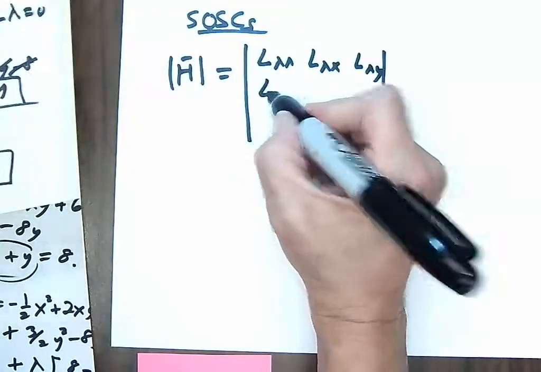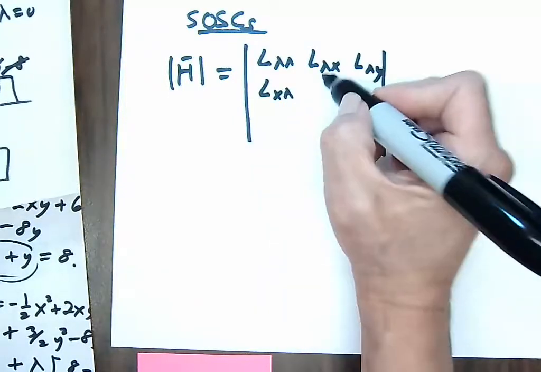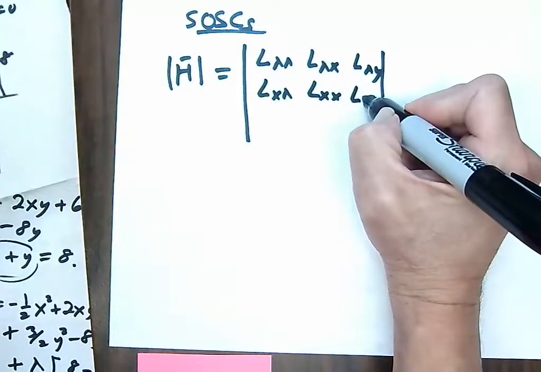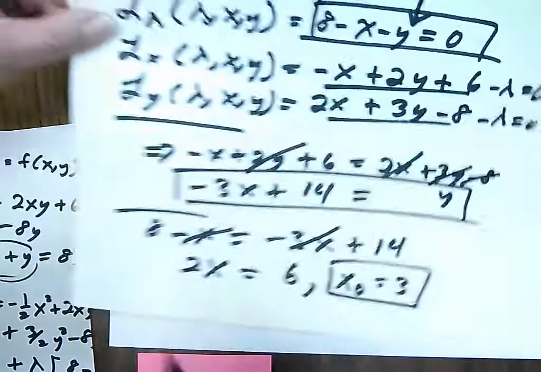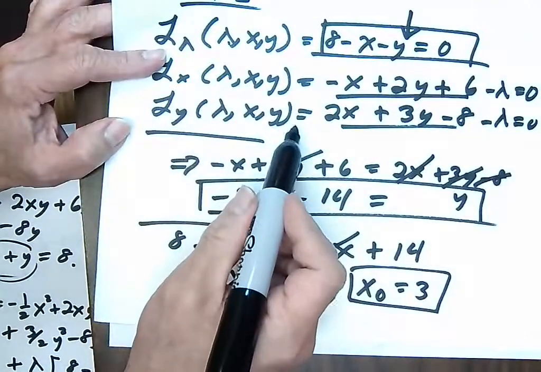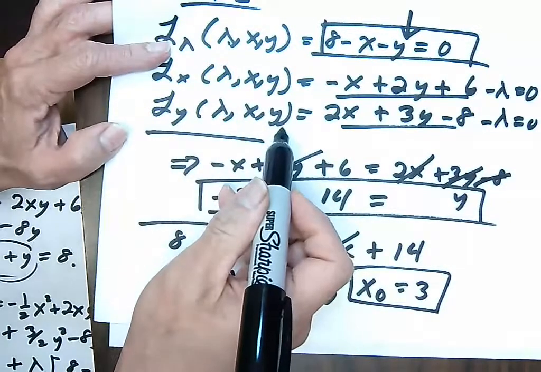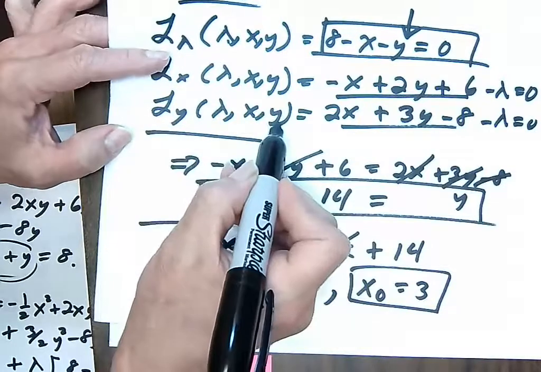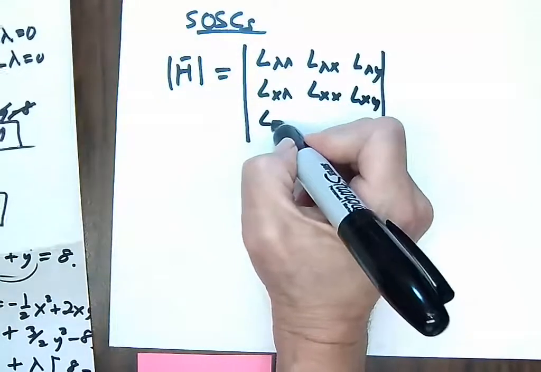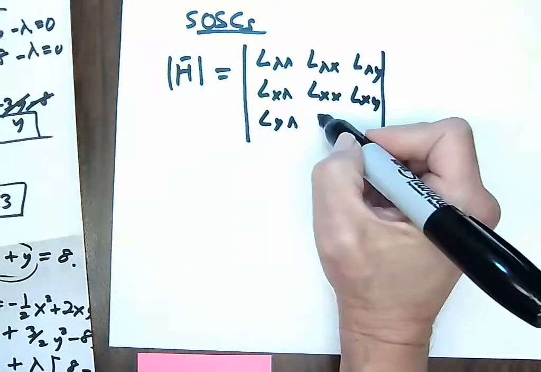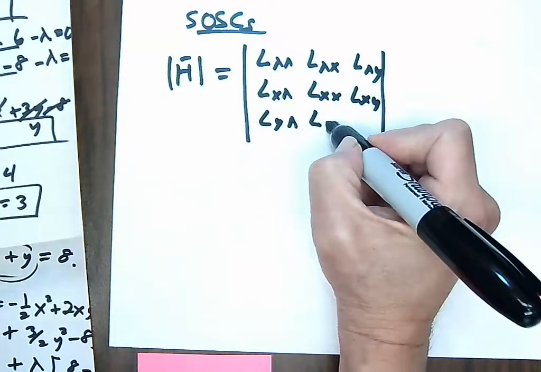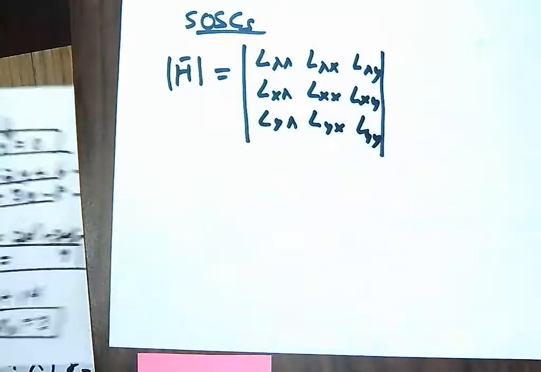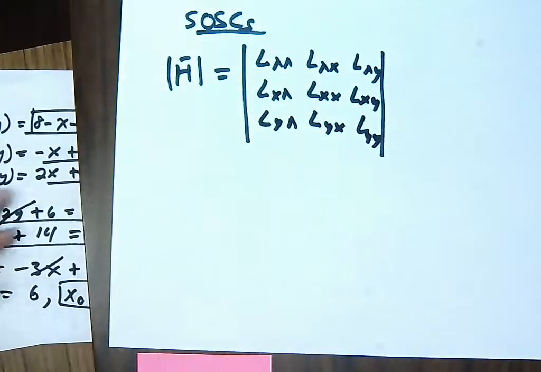So we have Lx lambda, Lxx, and Lxy. And for the third row, again, we go to our third first-order necessary condition and get our second-order partials of the Lagrangian Ly lambda, Lyx, and Lyy. So we're going to have Ly lambda, Lyx, and Lyy.